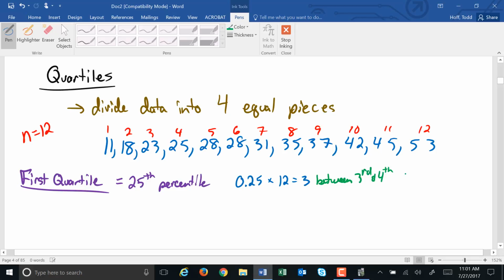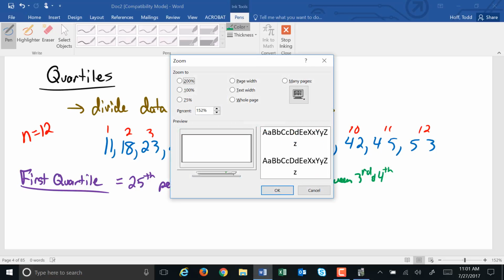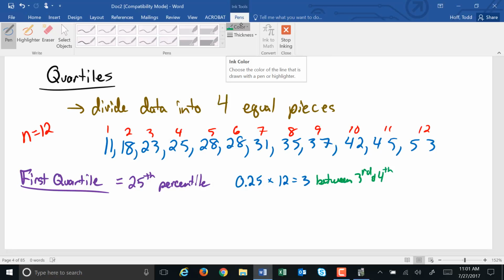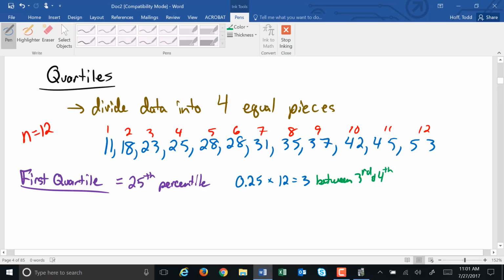So that's going to be the 23 and the 25. So 23 plus 25 divided by 2 gives me 24. That's my first quartile.